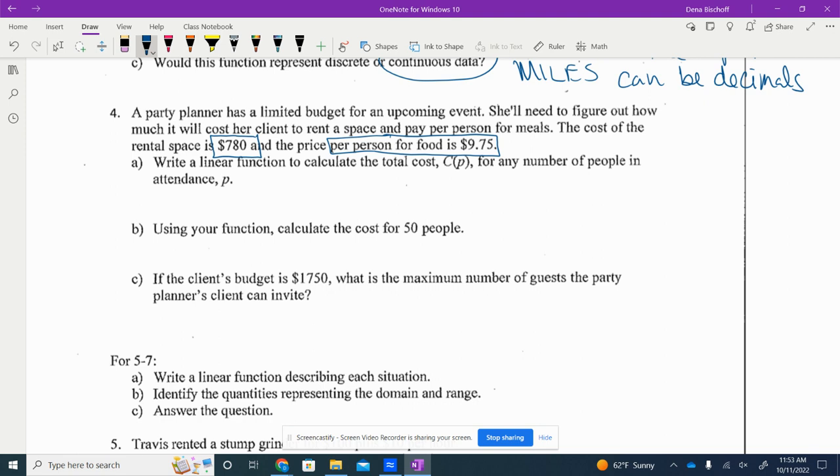So what is my m and what is my b? What is my slope, my cost per person? It is 9.75. And my y-intercept? 780. So this is the equation y equals 9.75x plus 780.